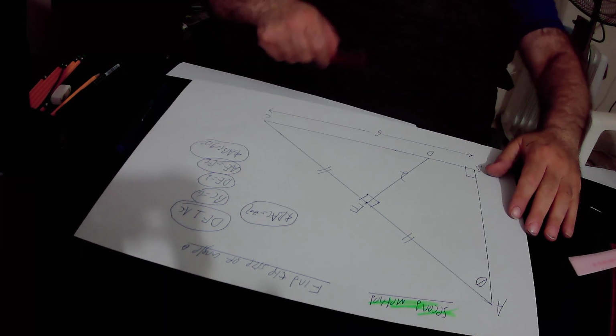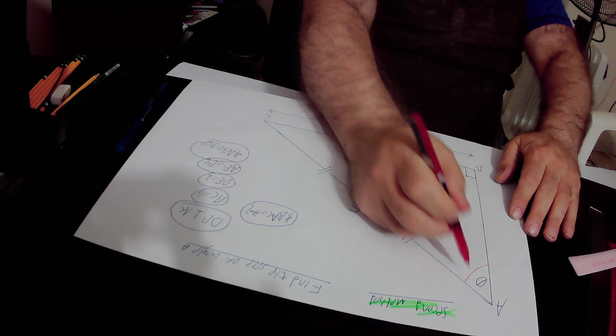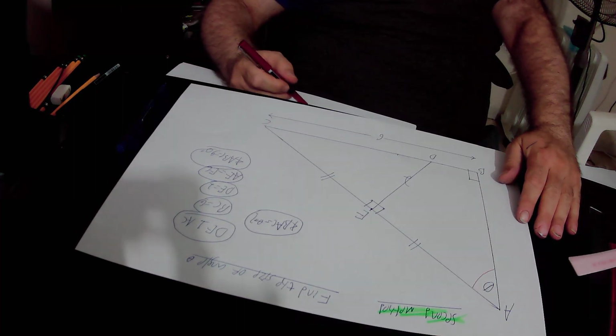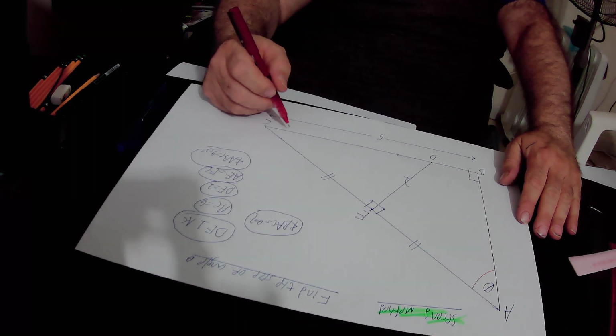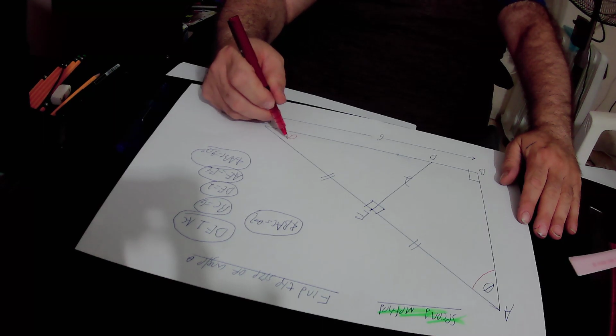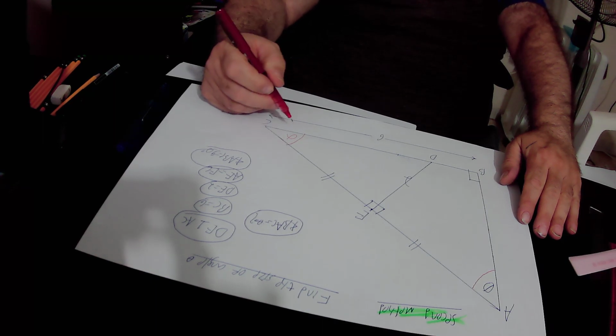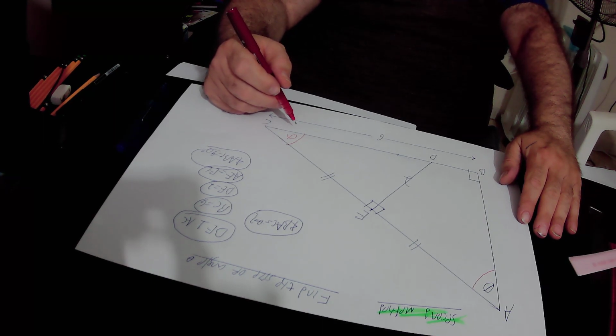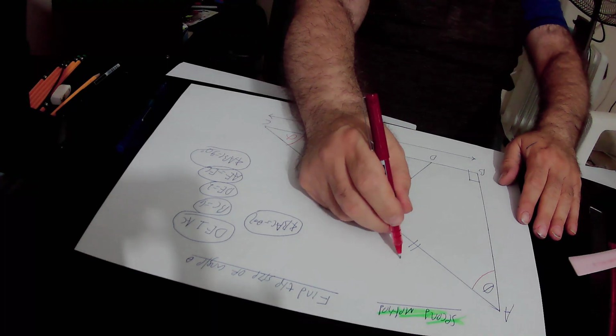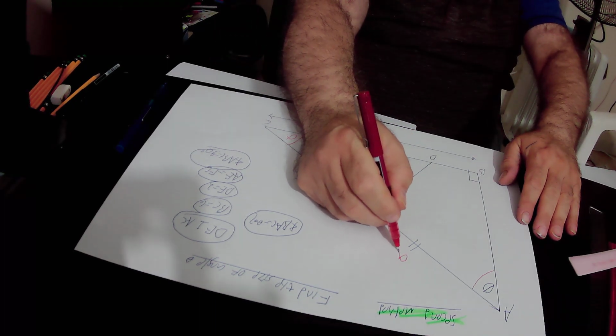Here we will define this angle as angle alpha. We will define AE as a, as we did in the first method.